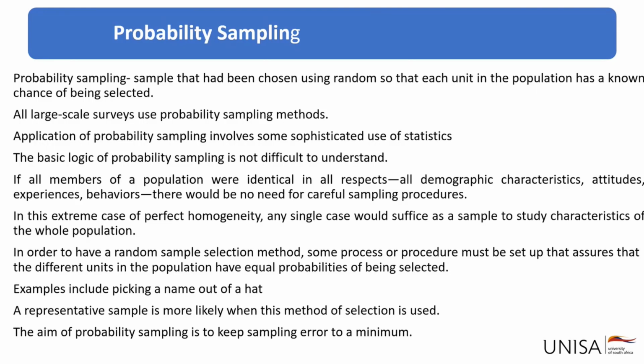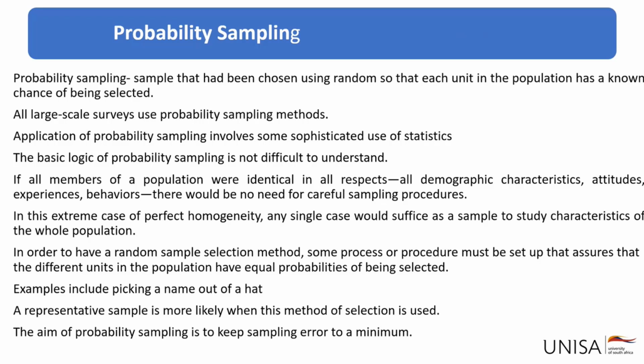So all large surveys, if you're going to sample from 5,000 and 10,000, it's really sensible that you use a probability sampling method, because then you are able to reach as many as possible. If I today was to sample 2,000, it's ideal that I use probability sampling, because then I can reach as many people as possible than with non-probability.